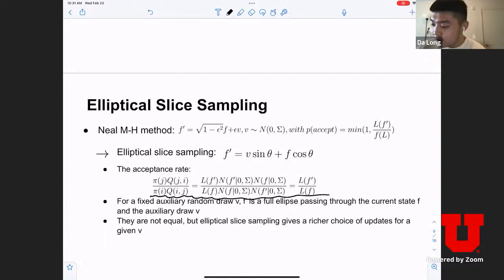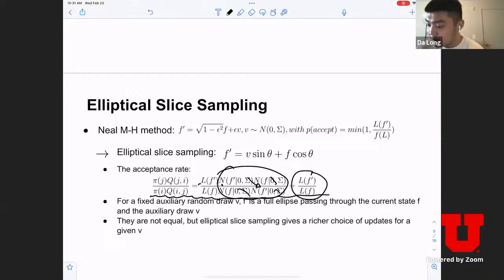As you write in this, these four terms are canceled, so just the likelihood is left. This is the likelihood, this is the prior, and this is the transition distribution, and then they cancel. So it's just the likelihood left.